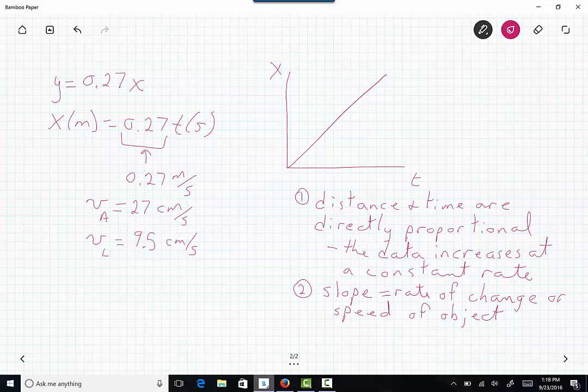The y-intercept, which you may have had a y-intercept on your graph if you hadn't started with a data point of 0, 0, which technically, unless you actually took that piece of data, you should have ignored in your graph. But the y-intercept represents the starting position.